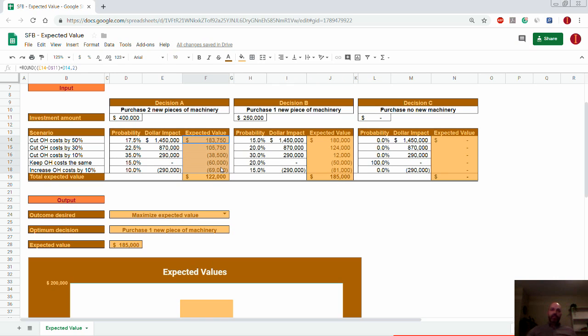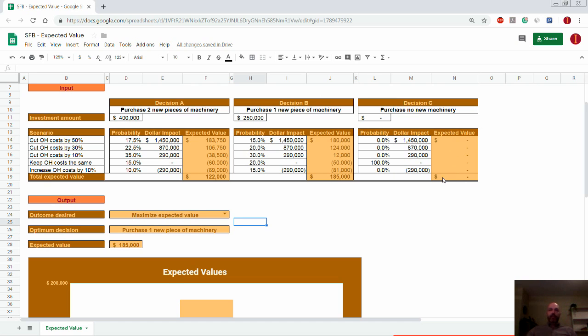Okay? 185,000 for decision B and 122,000 for decision A. 0 for decision C. So it should be pretty obvious from there which one's going to be ideal, the one with the highest expected value.